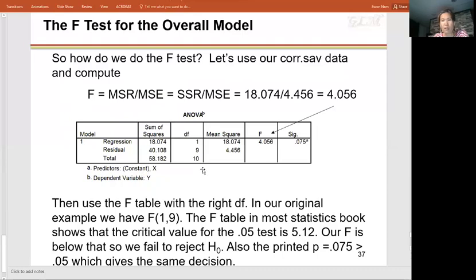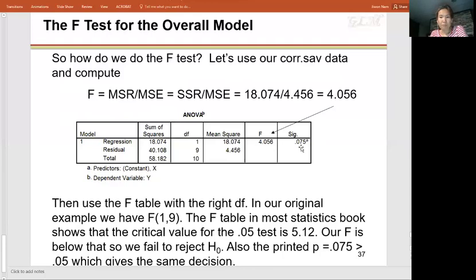Last time we had a sample size of 11, so this is n minus 1 for total, and this is the number of predictors, 1. For residual, the number of predictors is deducted from the total. Then MSR, MSE, and the F-test is MSR over MSE. Significance means p-value, okay, p-value.